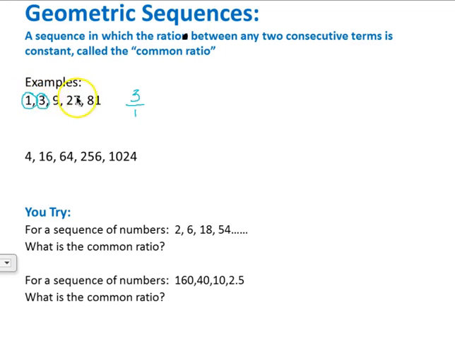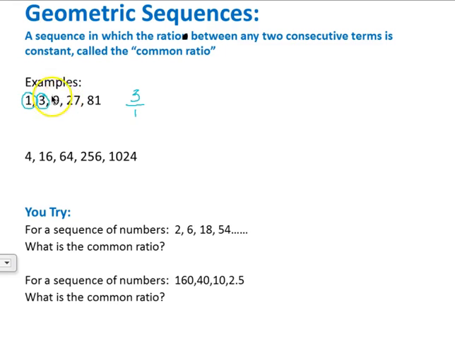Well, if I already know this is a geometric sequence, I'm kind of cheating. So I just write it as a ratio, and I'm comparing 3 over 1. So I know that it increased 3 times as much. And then I can check that pattern. So from 3 to 9, if I multiply 3 times 3, I get 9.